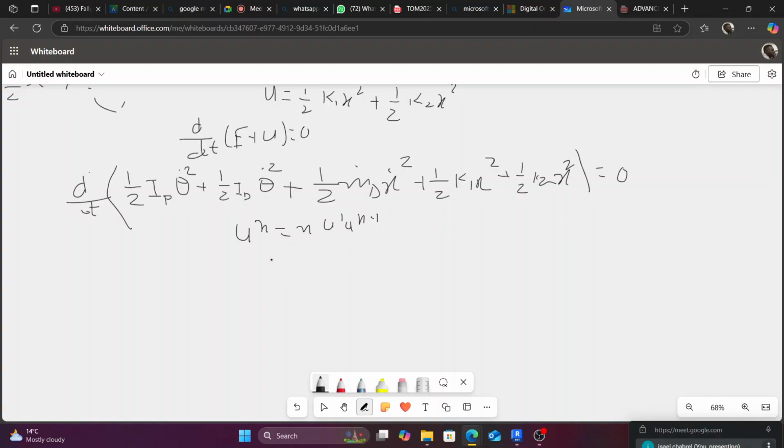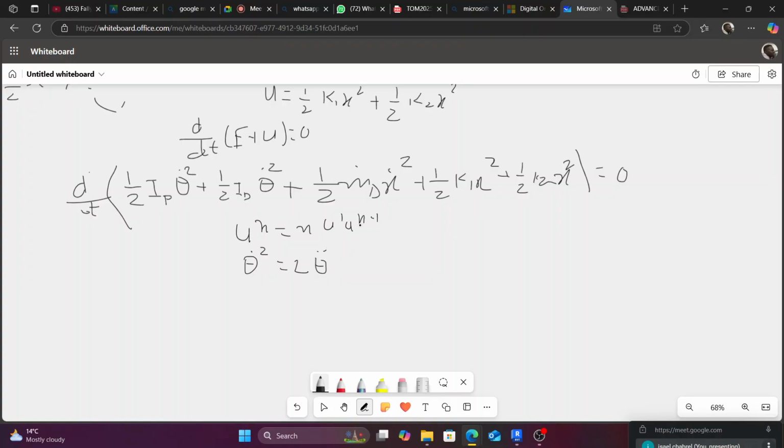Please pay attention. If I have here theta dot square, do you agree? What is my n? 2. So I drop 2. What is u prime? Remember, this is theta dot, and the differentiation is in terms of time, so it gives theta dot dot.